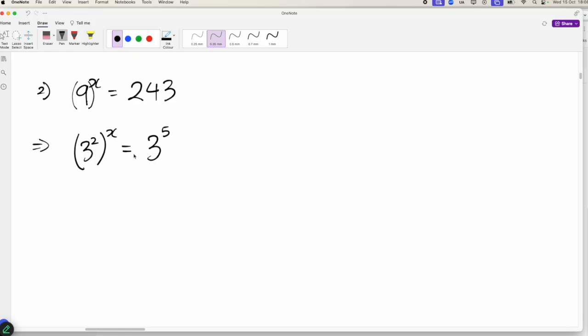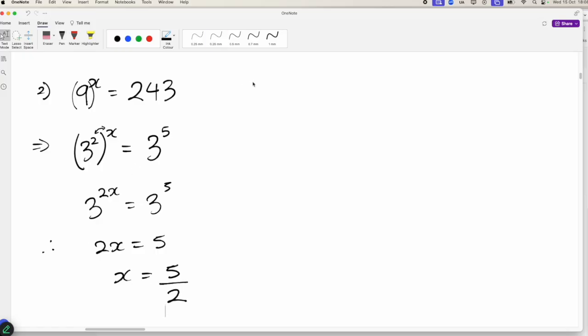Remember your laws of indices, right? And if you don't, we will just review them in the next class. But you can multiply these two indices here. So that means 3 to the 2x will be 3 to the 5. Therefore, 2x is equal to 5. x is equal to 5 on 2.